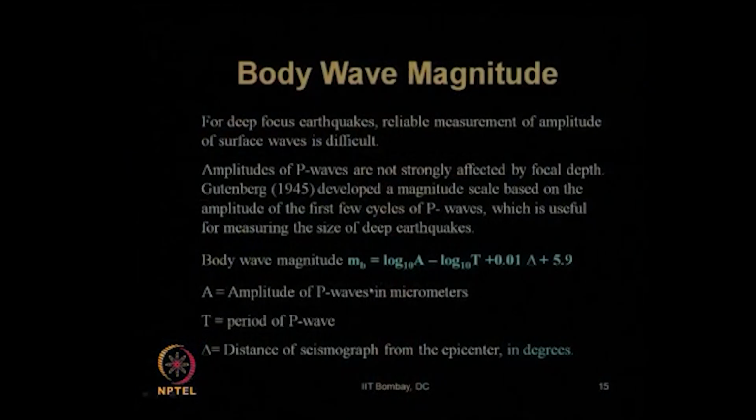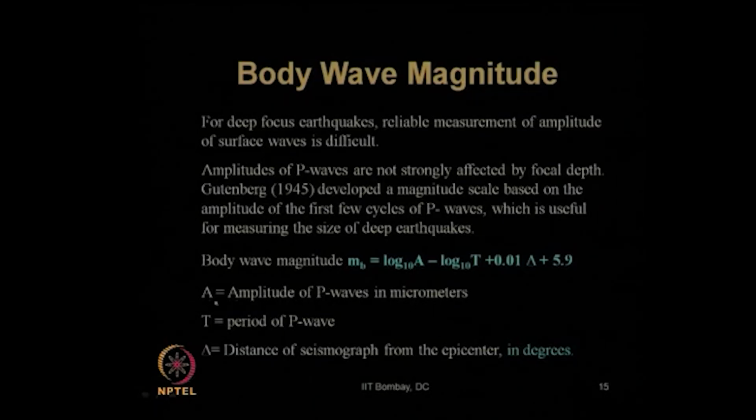The body wave magnitude empirical relation given by Gutenberg in 1945 is mb equals log to the base 10 A minus log to the base 10 T plus 0.01 delta plus the numeric value of 5.9. What is A? A is the amplitude of the P wave only, in micrometers.